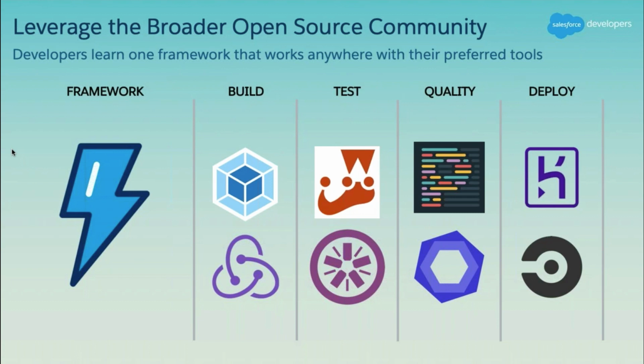So with open source, we are opening it up for the community. You can look at what tools you're using, and you can continue using the same tools. We are not restricting you to anything. Oh, that's the beauty of the open source community, right? We have a broader set of choices, and it is flexible. Wherever we want to build the application, we can build it, and using a different tool, we can also test it and deploy it. That's great.